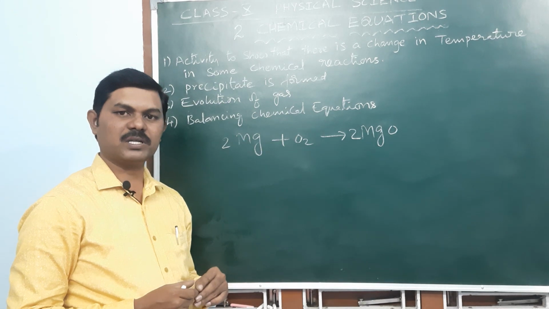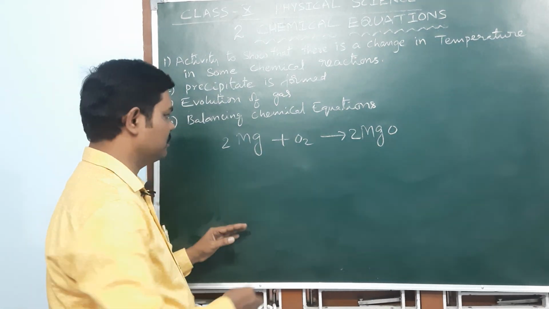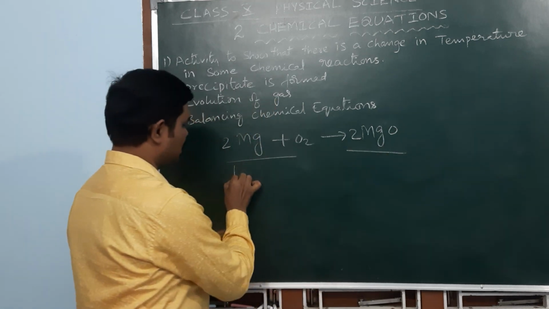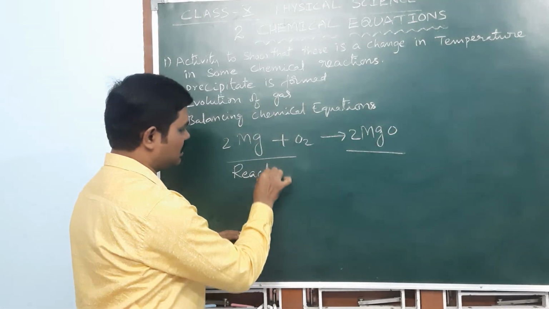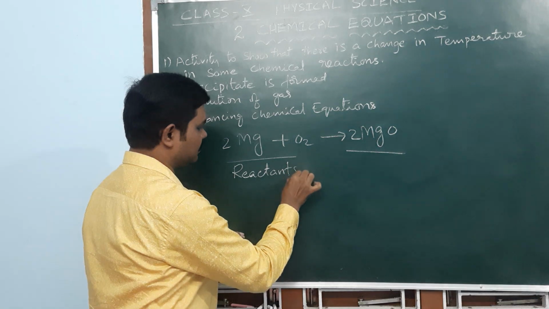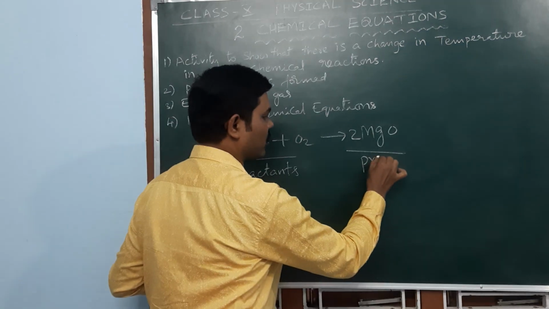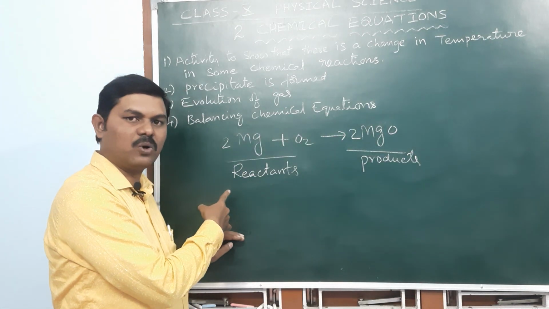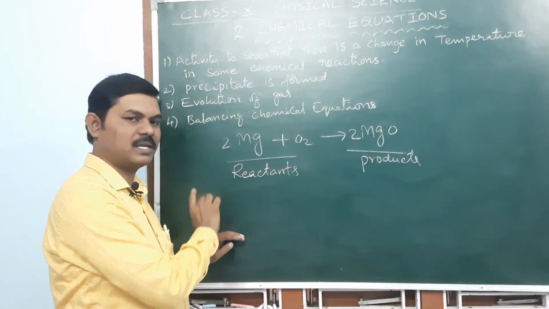A chemical equation consists of two parts: reactants and products. These are the reactants and these are the products. The substances which undergo a chemical reaction are known as reactants.